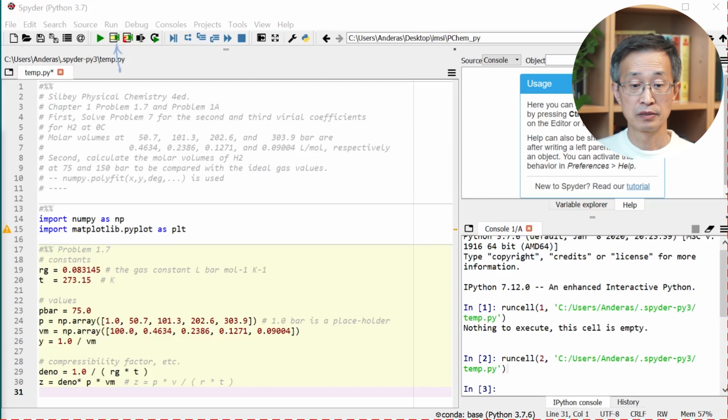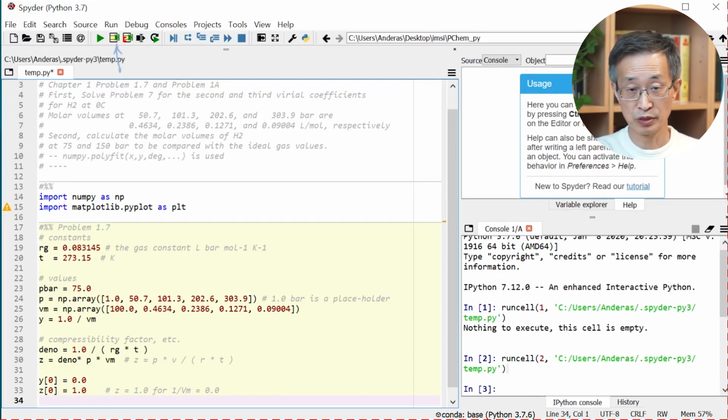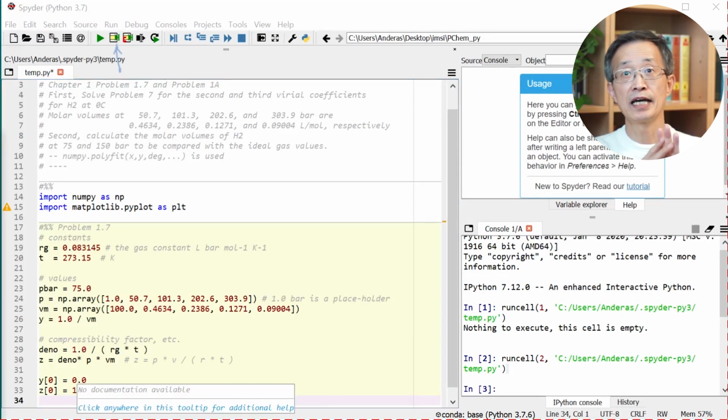That's because at zero pressure the V is infinity, then 1 over V bar is 0, and the gas behaves as an ideal gas, so the compressibility factor is 1. So we just manually set this number. Okay, now we have both Z and 1 over V as variables.